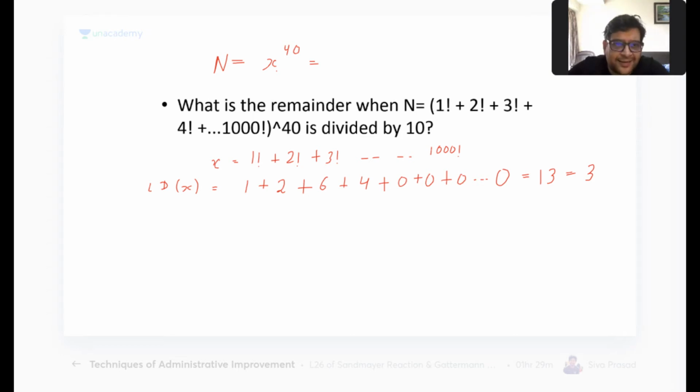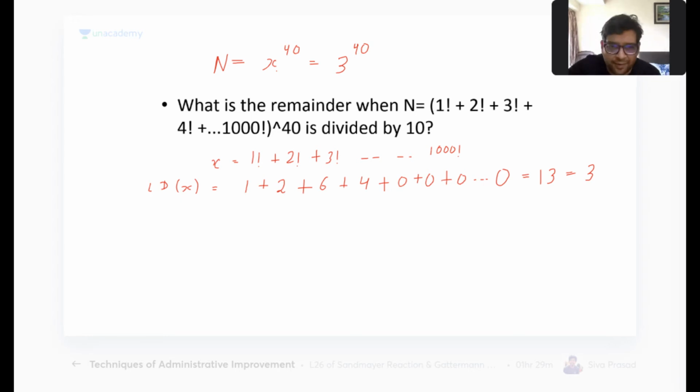So I got the last digit of x as 3. That means my question is not now x to the power of 40. My question is now 3 to the power of 40.